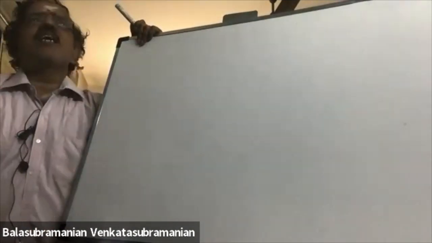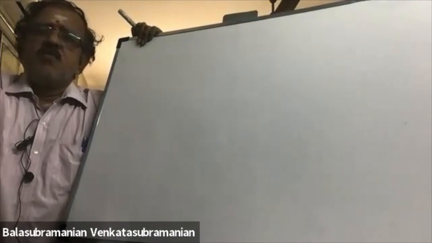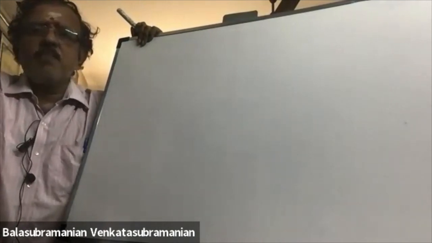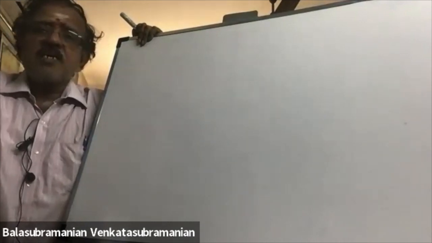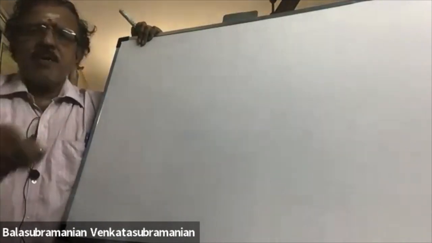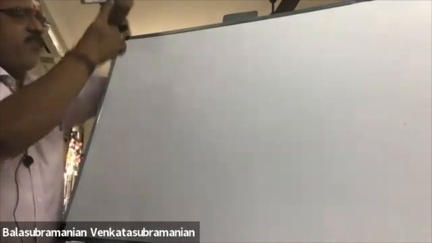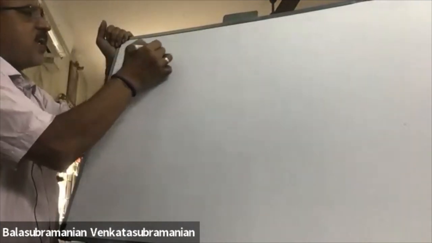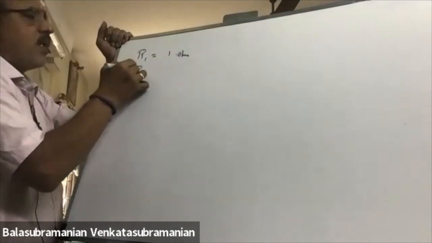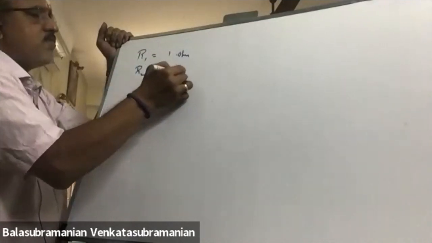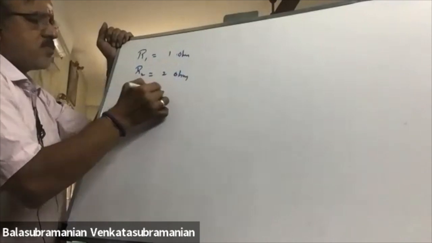Similar to this, we can calculate for resistors in series and parallel, which we saw, and we can do some problems for it. There are many problems, but many people make mistakes. Where do they make mistakes? Say for example, I have 3 resistors: R1 1 ohm, R2 2 ohms, R3 3 ohms.